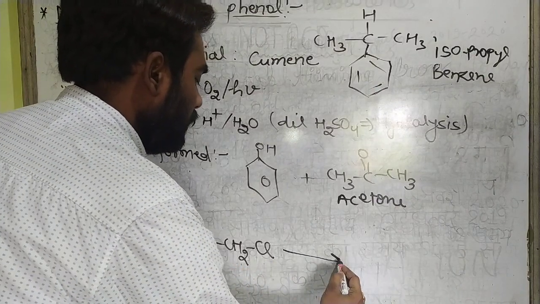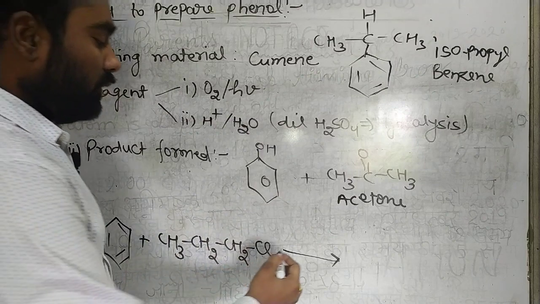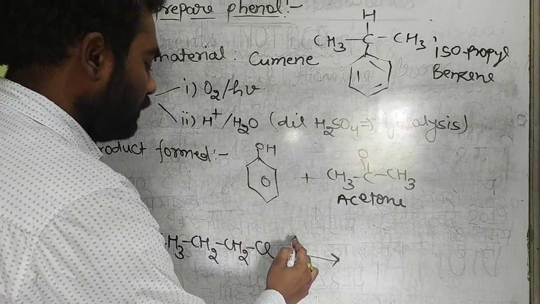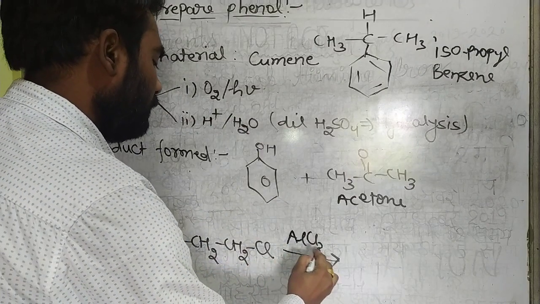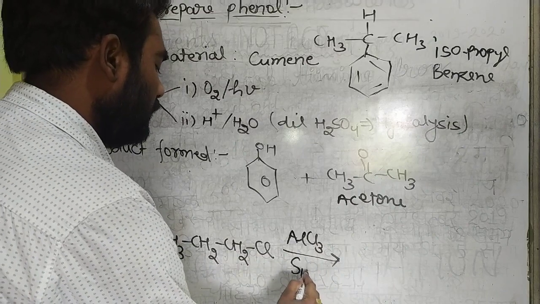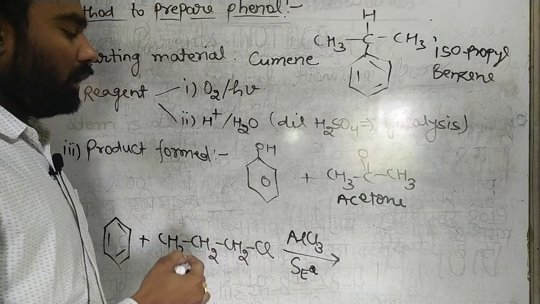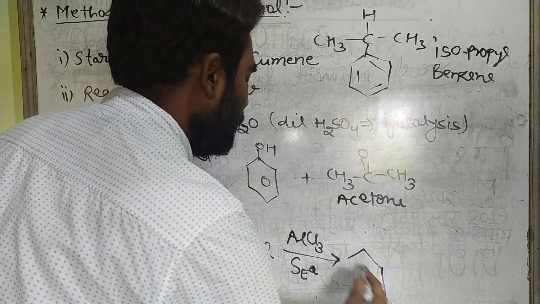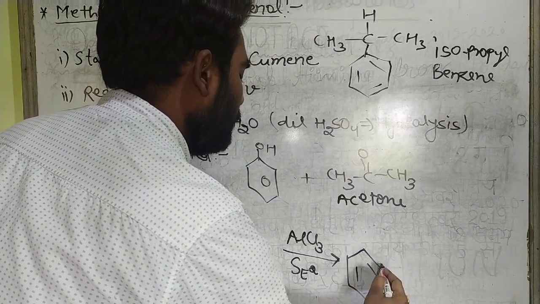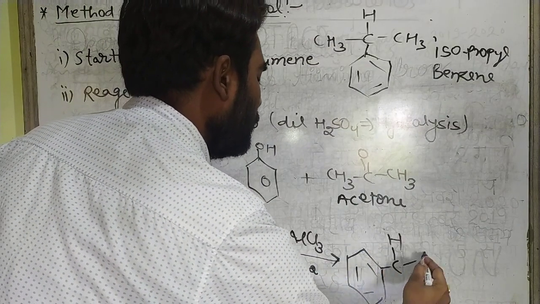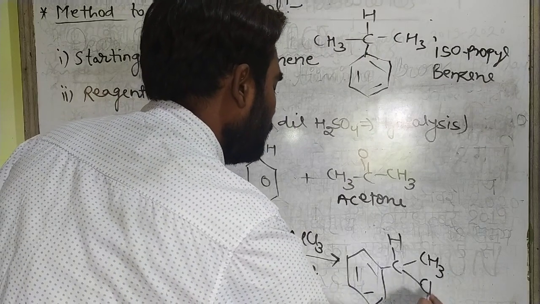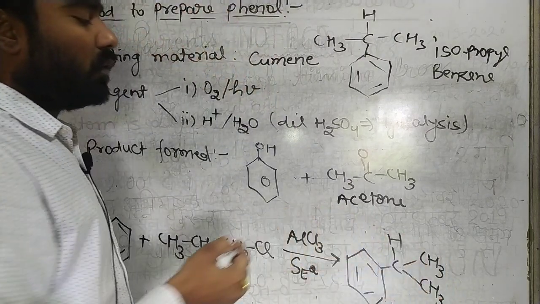Now here there is a mechanism for the addition of this compound which will follow the SE2 mechanism. By the SE2 mechanism there will be a major product formed, which is cumene. Cumene is the major product formed in this reaction.